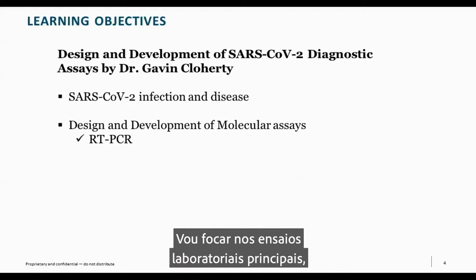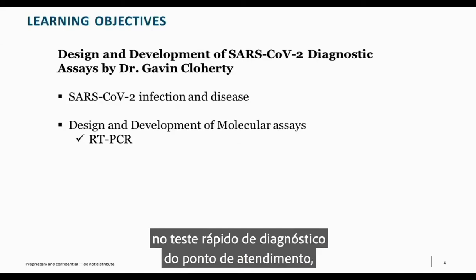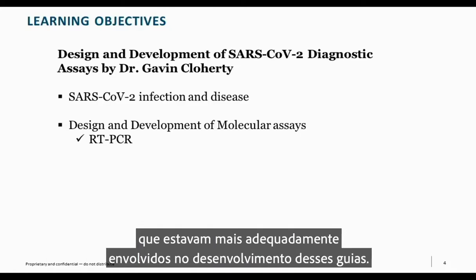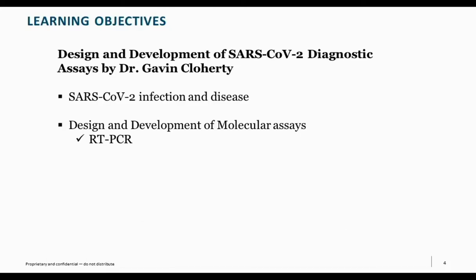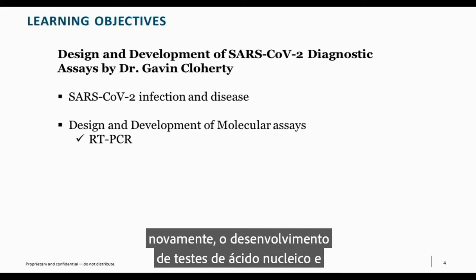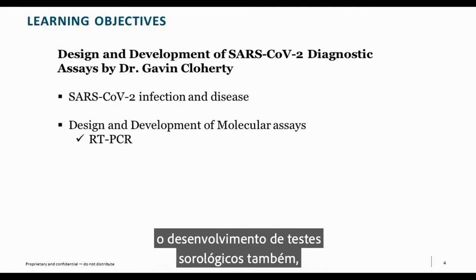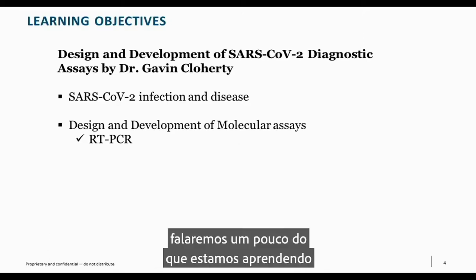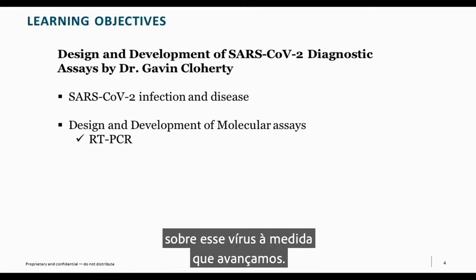I'm going to focus on the core lab assays, which we were more directly involved in, and not on the rapid diagnostic point of care tests, which we were more peripherally involved in the development of. So we're going to review the challenges of the nucleic acid test development and serological test development, as well as talk a little bit about what we're learning about this virus as we go along.